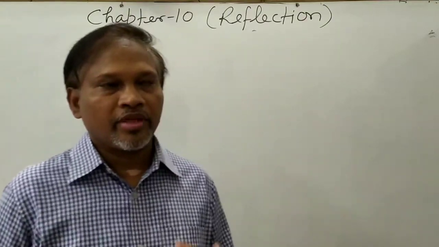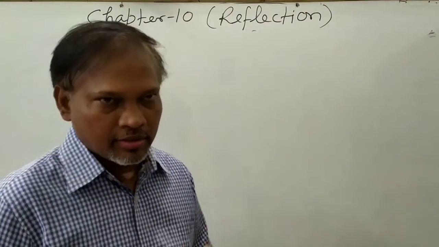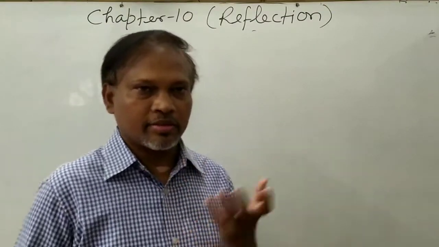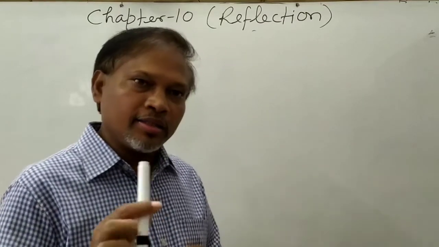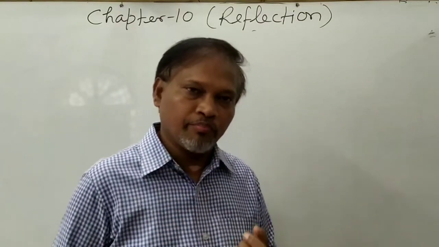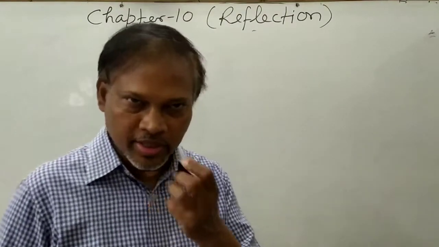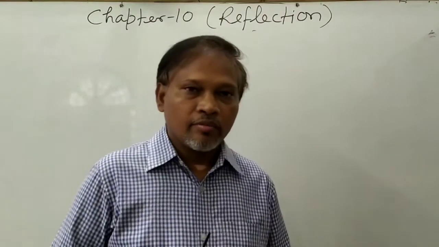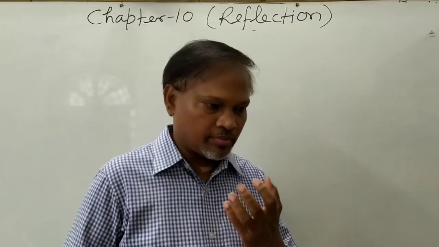As you know, in physics, the chapter reflection is there in class 8, 9, 10, especially in class 8 and 9. And the same law here we will apply, but in a mathematical way. What are the laws of reflection that you know?